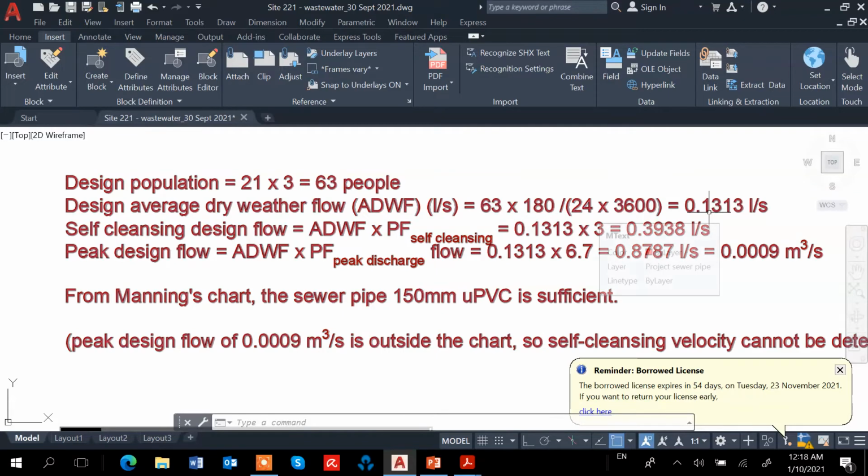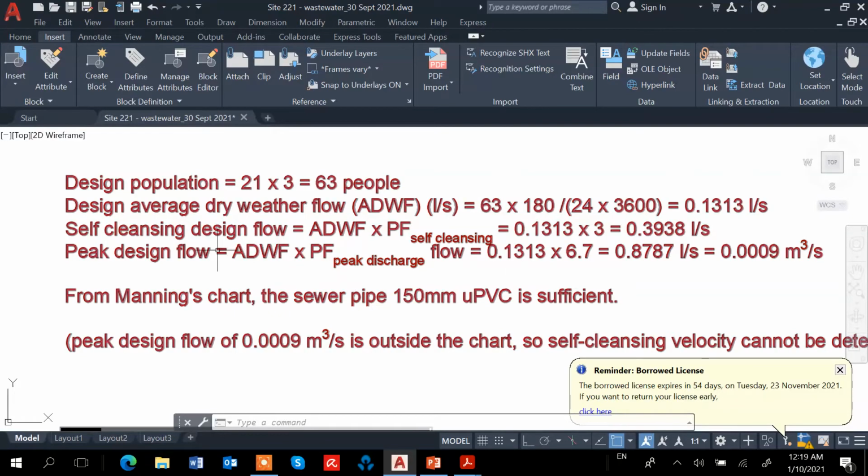That gives us 0.1313 liters per second. The self-cleansing design flow is the ADWF multiplied by the peaking factor for self-cleansing, in this case 3, which gives us 0.393 liters per second.